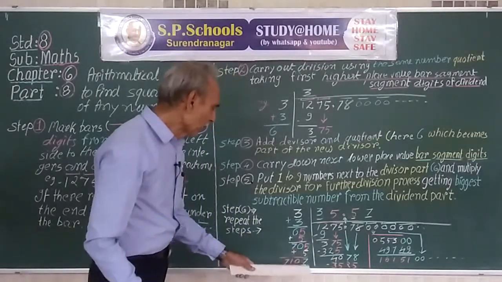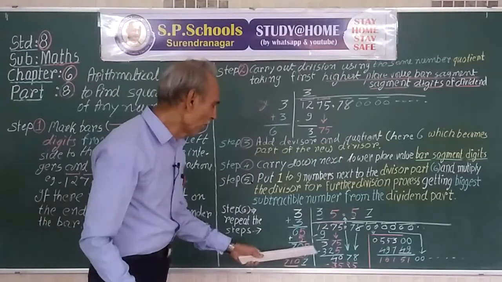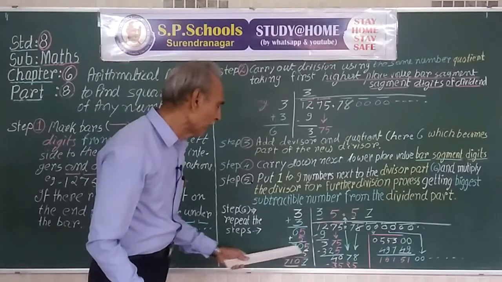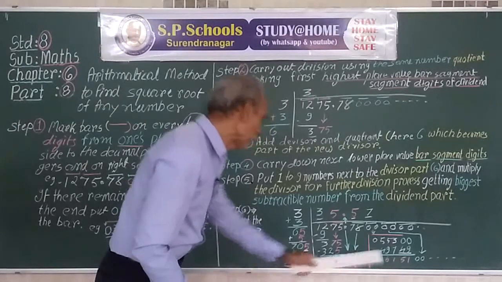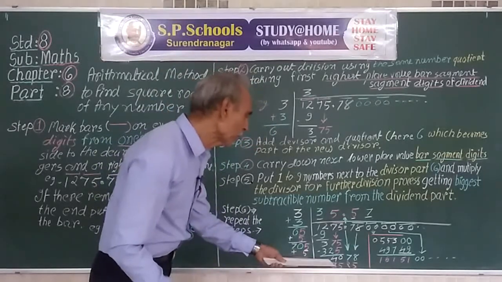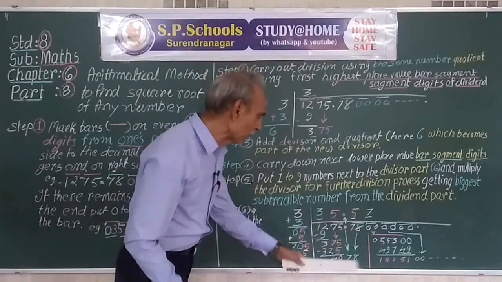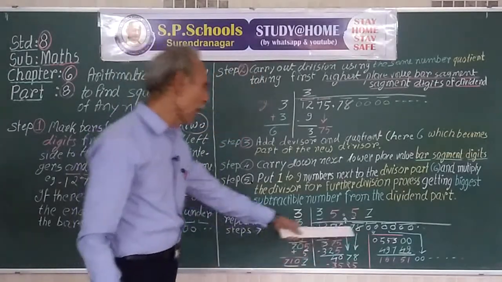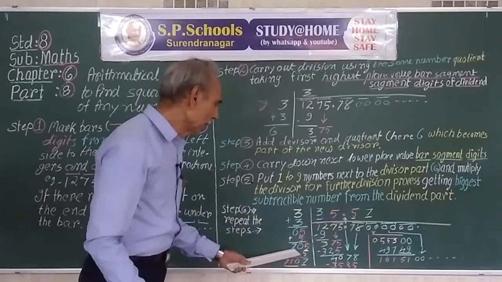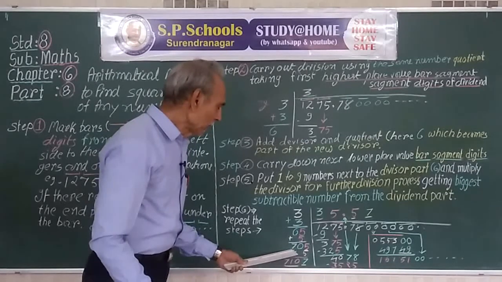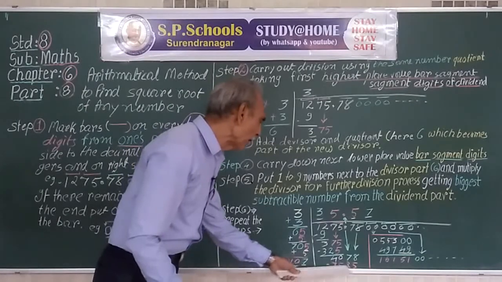Here also we see that 5 is the highest number, which when multiplied with 705 becomes 3525, the highest subtractable number from 4078. We have taken down 78 here, the next bar part. So by 5 the division will go, and multiplying the divisor by 5, we get 3525.